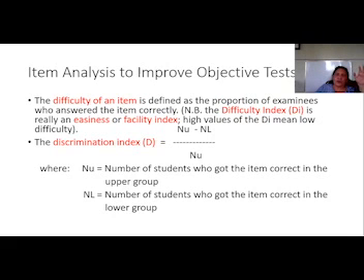Okay, so the number of correct responses obtained by the upper level minus the number of correct responses gotten by the lower level, divided by the number of, is this correct?